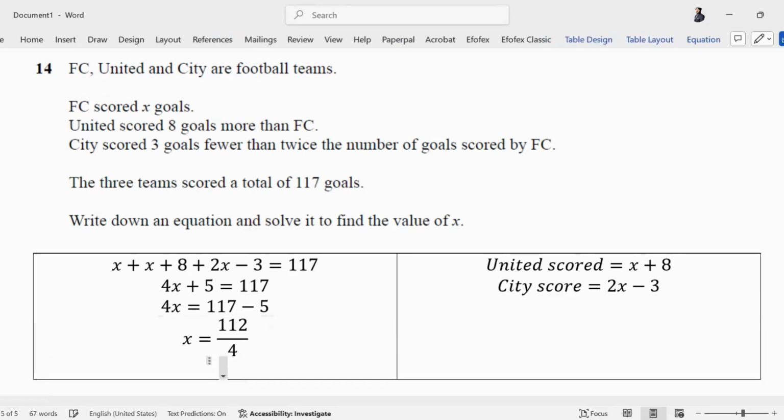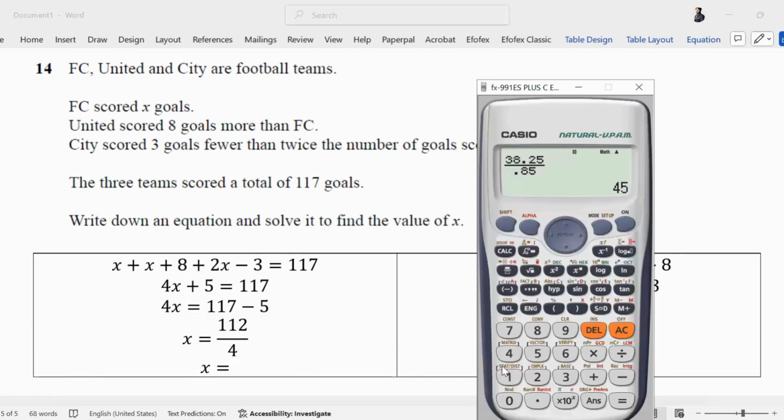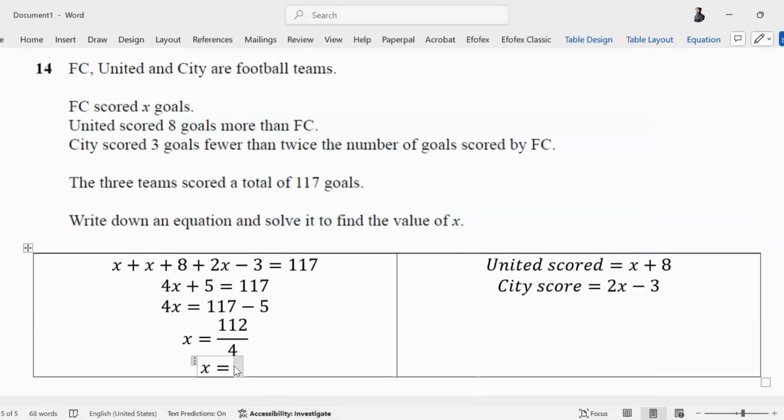You can use your calculator for this one, but I've also used it for previous divisions as well. 112 divided by 4, which means 28. Always read the question. Sometimes they ask you a different value as well. So 28 is the goals scored by FC, which is X. And that is what the question had asked.